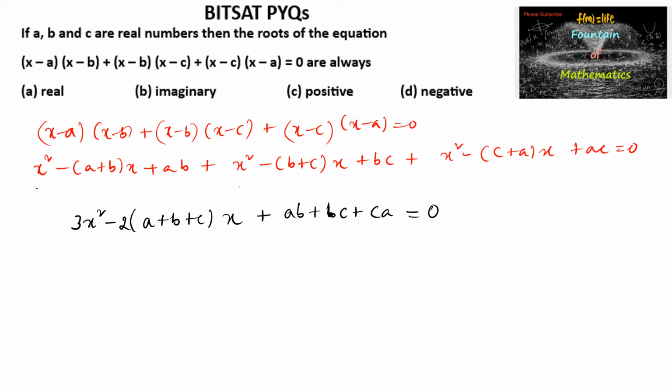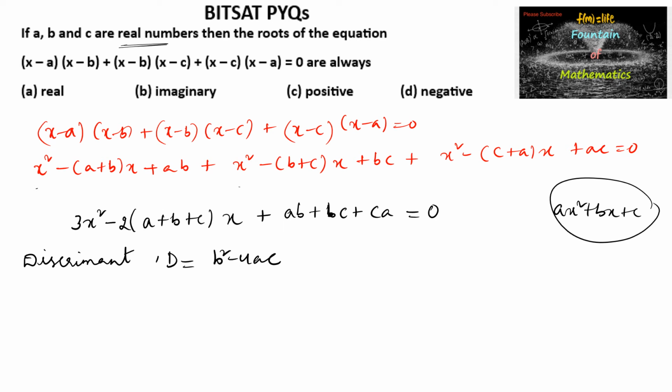And since a, b, c are real numbers, to check whether the roots of the equation are real or imaginary, let us find the discriminant. Discriminant D is equal to b² − 4ac for the quadratic equation ax² + bx + c.